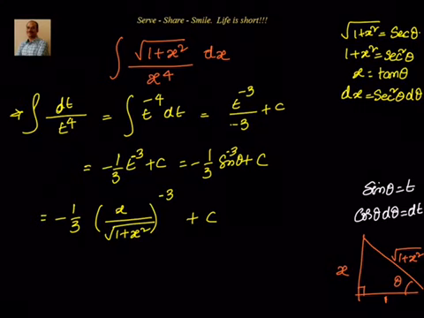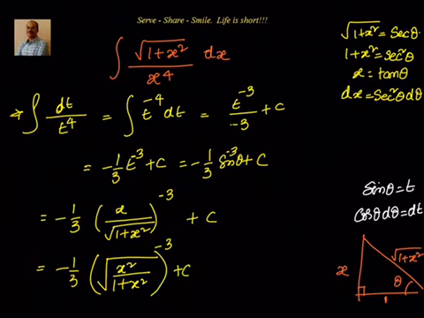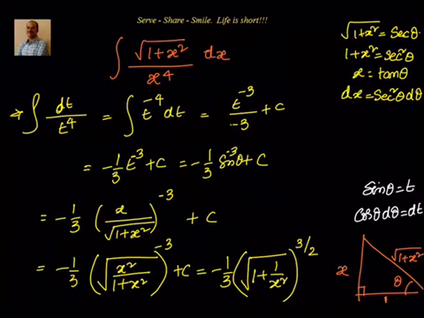Now we can leave it like this, or we can simplify that as minus 1 by 3 square root of x square by 1 plus x square whole to the power of minus 3 plus c, or we can also write it as minus 1 by 3 square root of 1 plus 1 by x square whole to the power of 3, or I can write down by taking out the root there, I can write it as 1 plus 1 by x square whole to the power of 3 by 2.